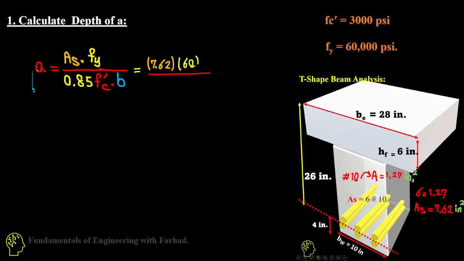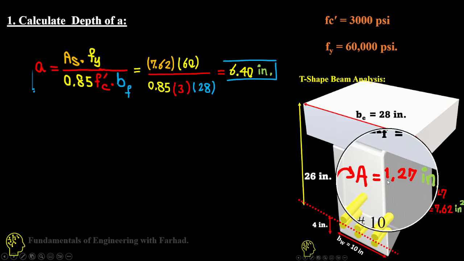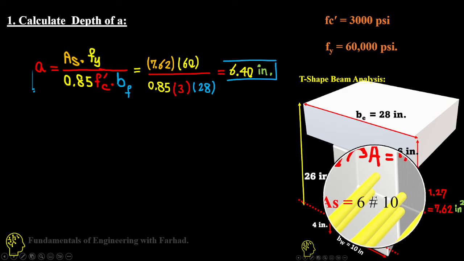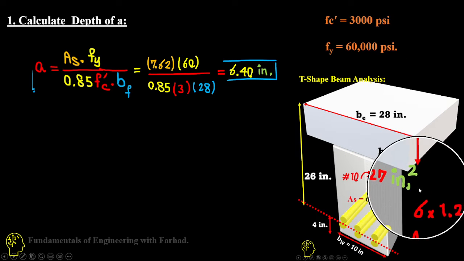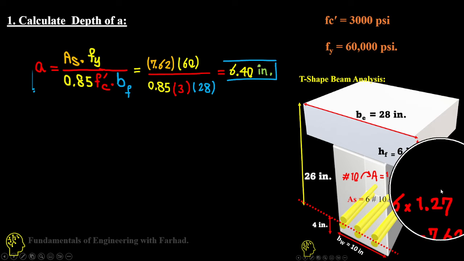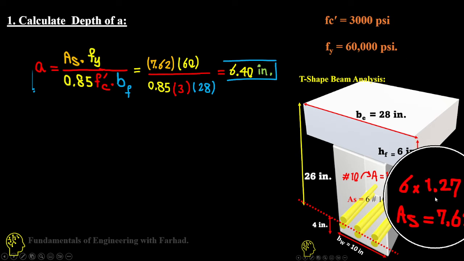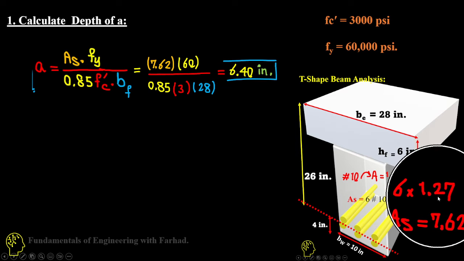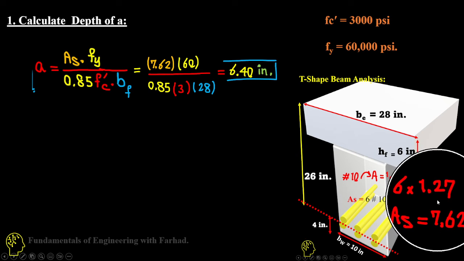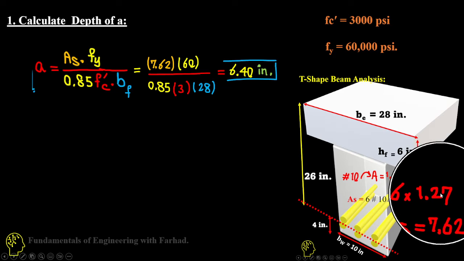The area of steel for a number 10 rebar is 1.27 inches squared, and with 6 of them, that's 6 times 1.27, which makes 7.62 inches squared.